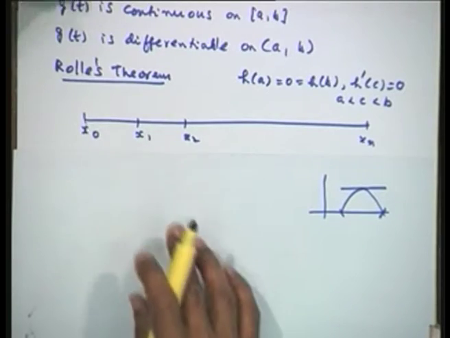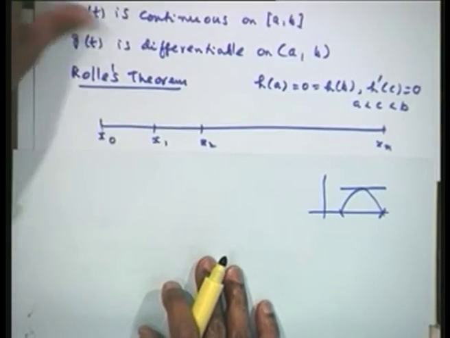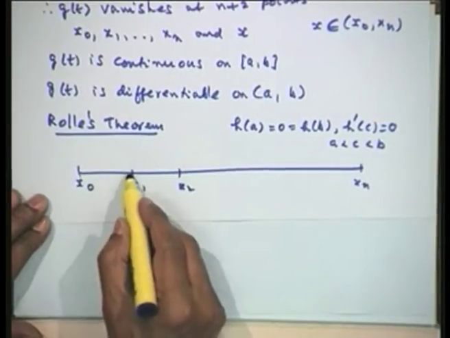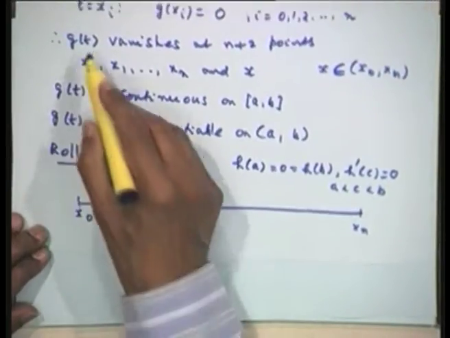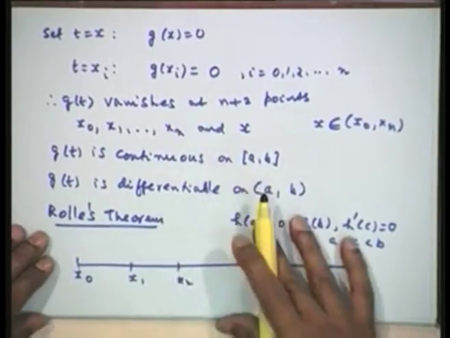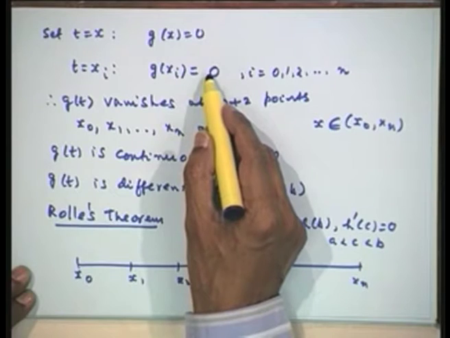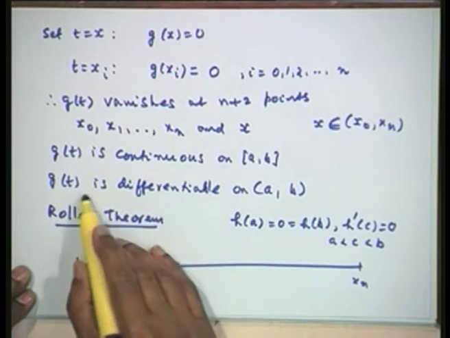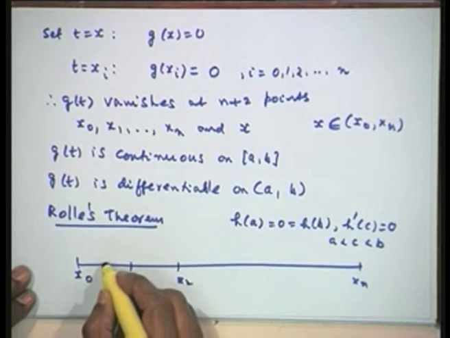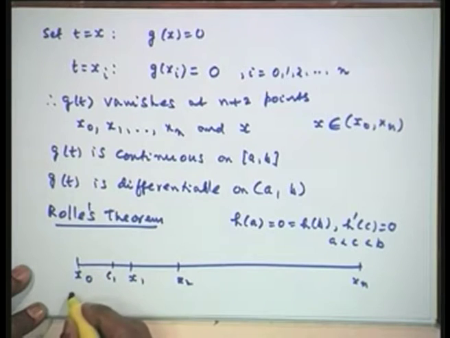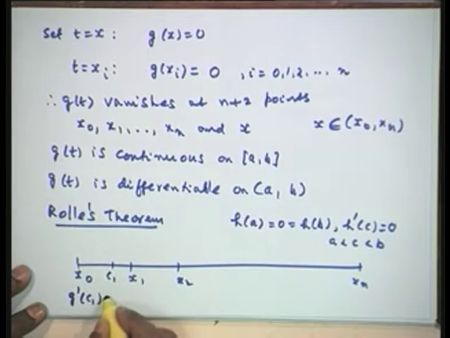Now I would like to apply Rolle's theorem on this. Look at these two points x_0 and x_1: g(t) vanishes at both, g(x_0) is 0, g(x_1) is 0, g(t) is continuous and differentiable. Therefore there exists a point c_1 at which g'(c_1) is equal to 0.